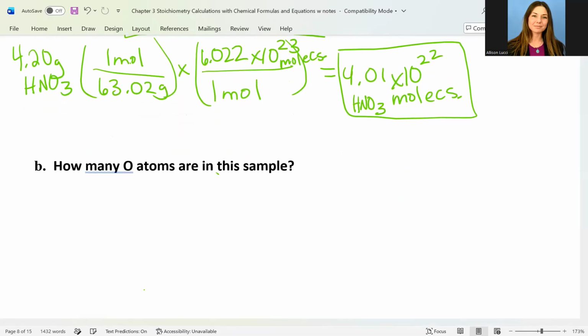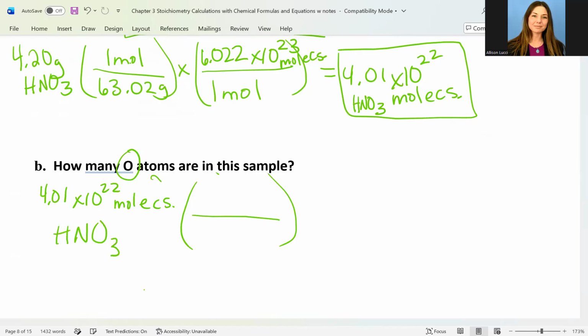So now I want to know how many oxygen atoms are in this sample. So the same sample, the same mass, that 4.2 grams. So now I'm going to start at this point where I know how many molecules I have. And I'm going to look at the chemical formula to find my conversion factor to oxygen atoms. So if it's HNO3, for every 1 molecule of HNO3, I have 3 oxygen atoms.